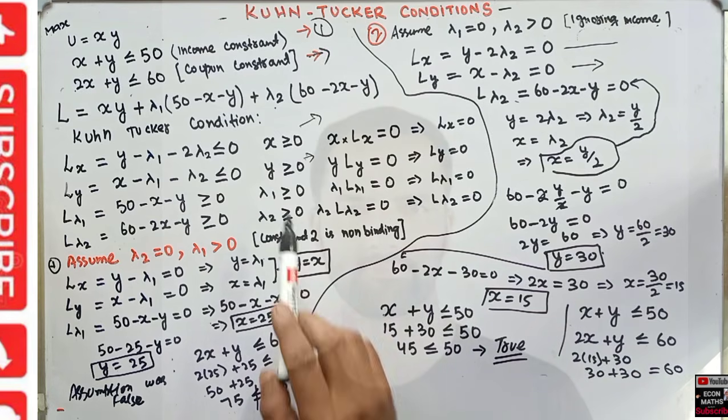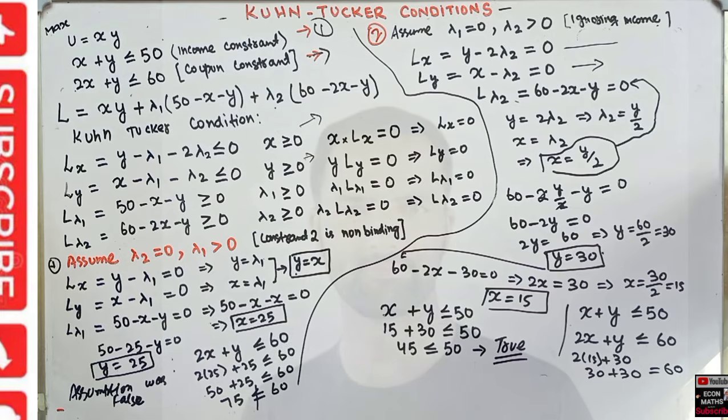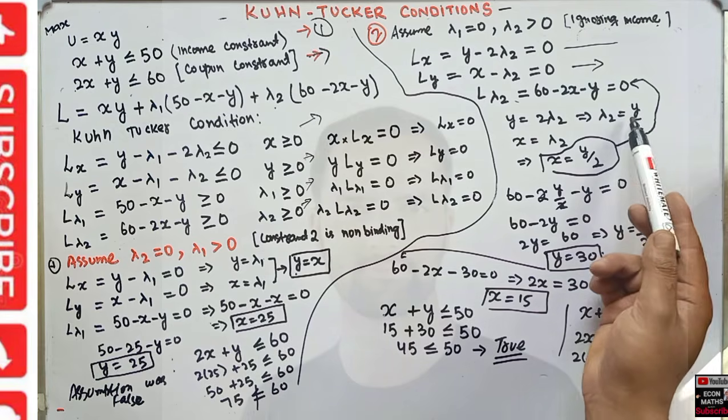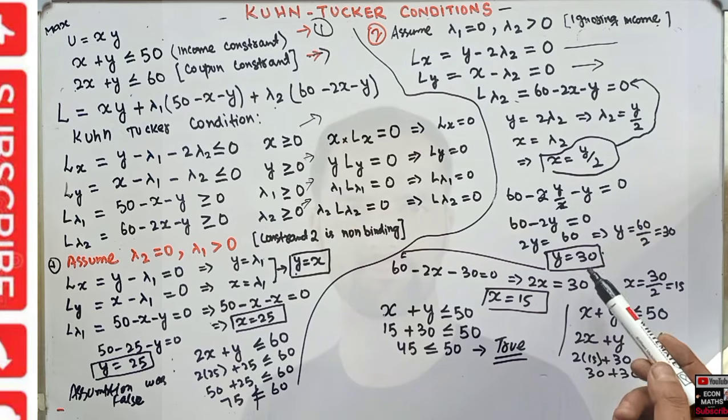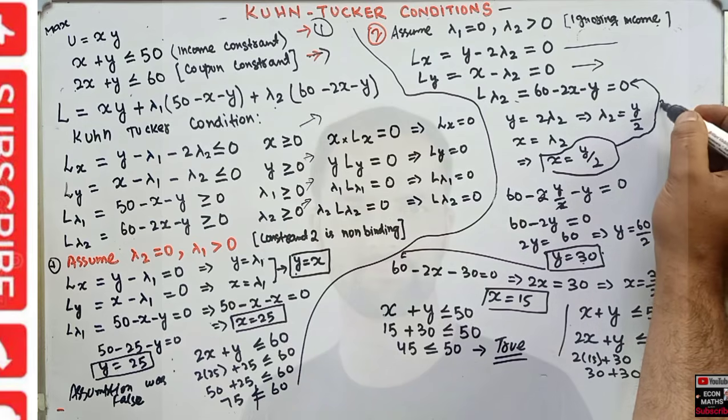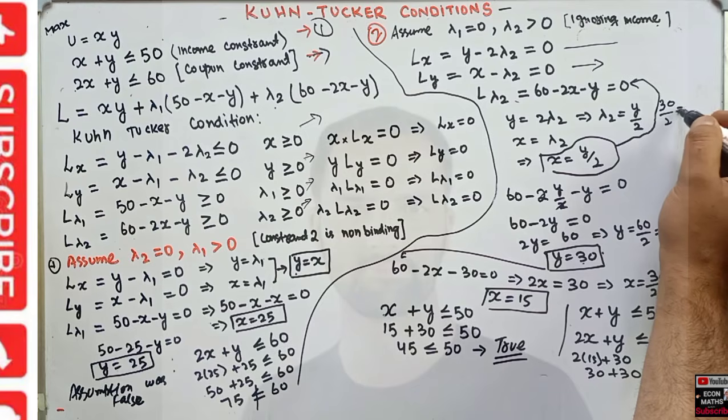Also we can see lambda 1 will be greater than 0, since lambda 1 is equal to y, and we got y is equal to 30, that means lambda 1 is also greater than 0. Lambda 2 should be greater than 0 also. Lambda 2 is y upon 2, and y is 30, so lambda 2 will be 30 upon 2, which is equal to 15.